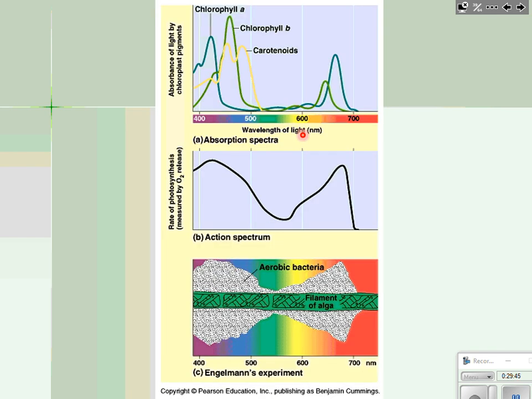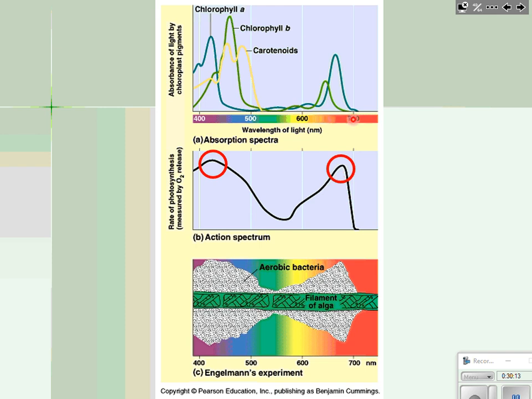So this is a graph. These graphs have a lot going on. It's a little confusing, but I just want to call your attention to a couple of places here. If you look at this middle graph, it shows the rate of photosynthesis when different colors of light are shining on a plant. So if we shine violet light on the plant, and only violet light, the rate of photosynthesis is fairly high.